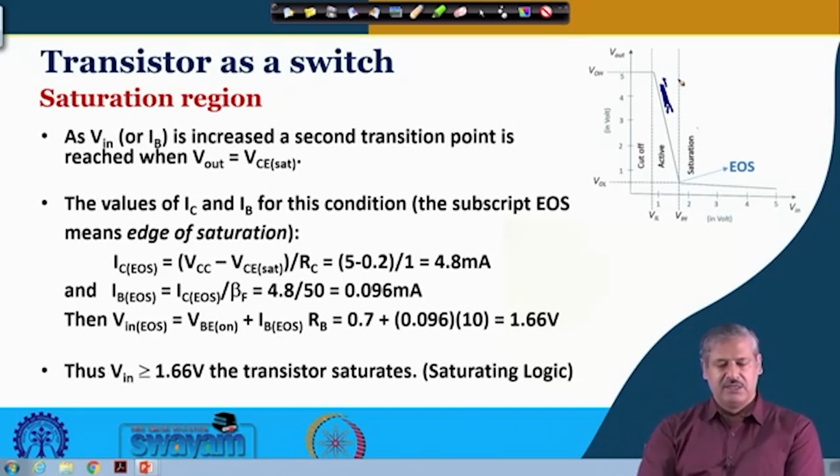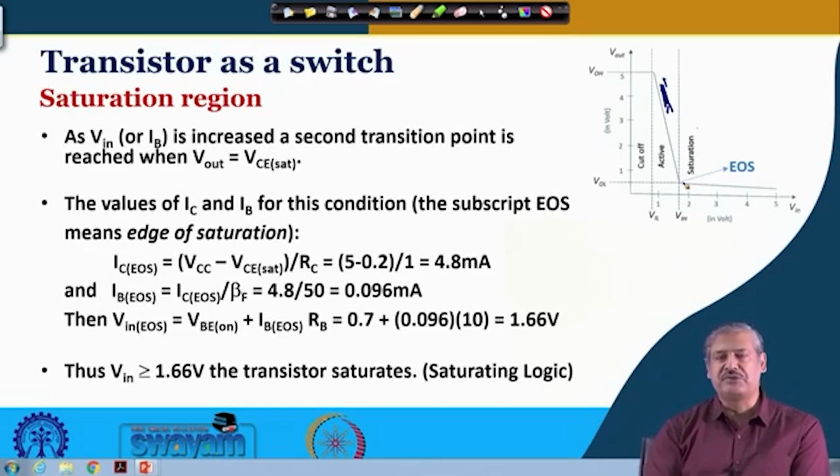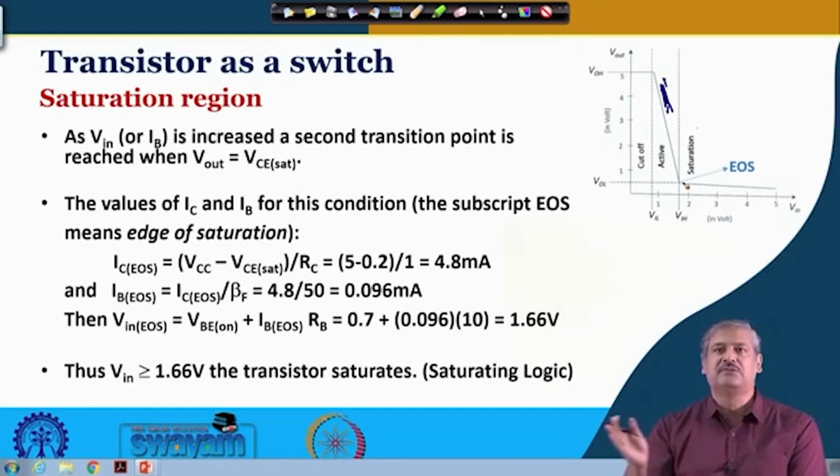This particular point we define as edge of saturation. When it just enters the edge of saturation, we consider that it is still following this previous equation. After that it goes into saturation region, and it is no longer that linear relationship that will be maintained.